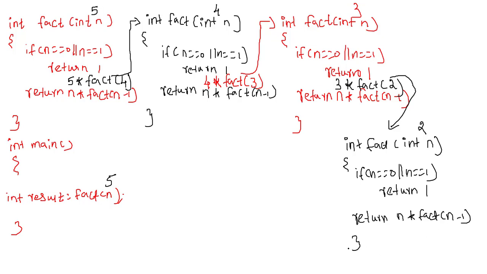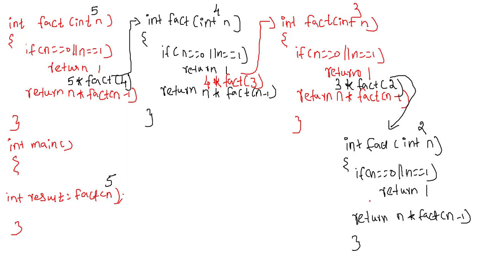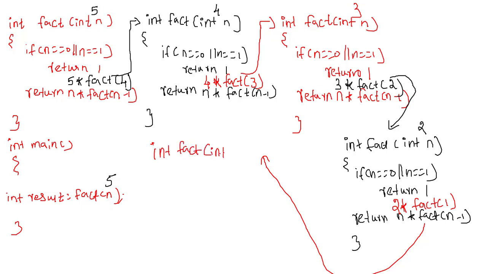Okay, so what is my n value? The n value is 2. So check the condition. If n is equal to 1 or n equal to 0, no. I'll go here, n into, what is my n value? 2 into fact of n minus 1. So the n minus 1 value is 1. So I'll go for a recursive call. Let me write one more recursive call. So here let me write int fact(int n). So the n value is 1 here.